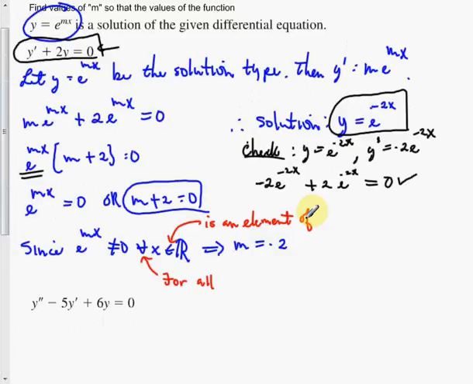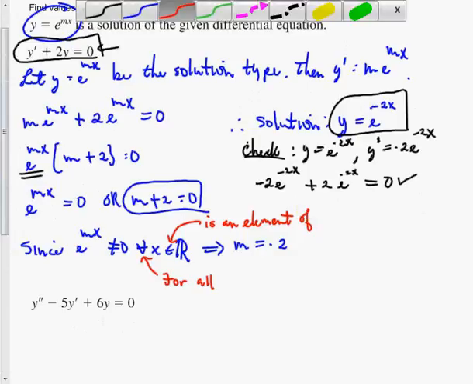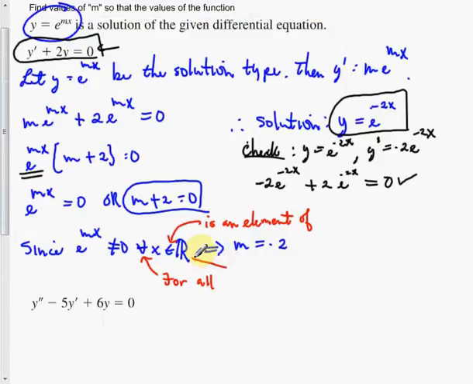So is an element of, belongs to, is actually the depiction of a mother giving birth to a child, that the child belongs to that from which it comes, is an element of, or it belongs to. Right? And you know that this is the set of reals, the set of all real numbers. Okay? Thank you.